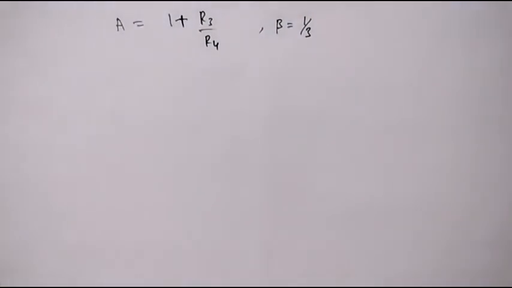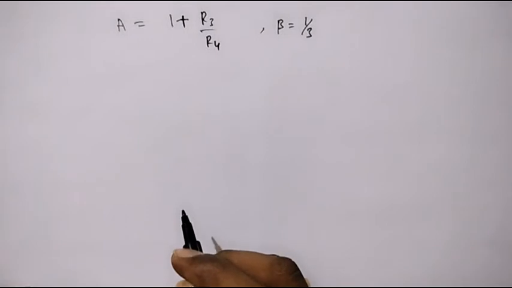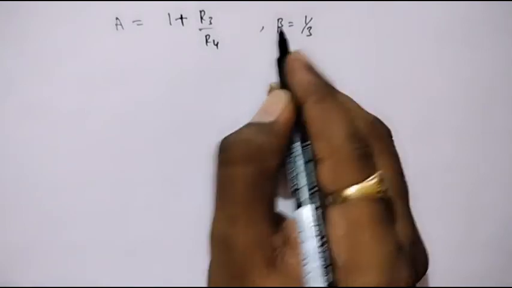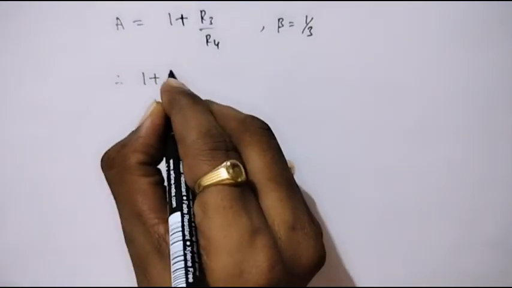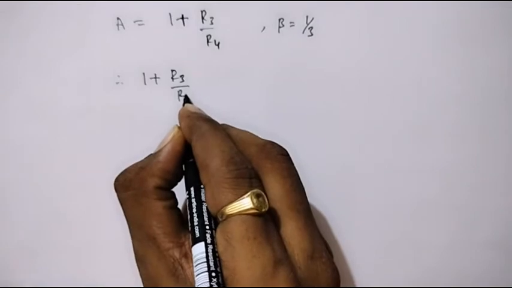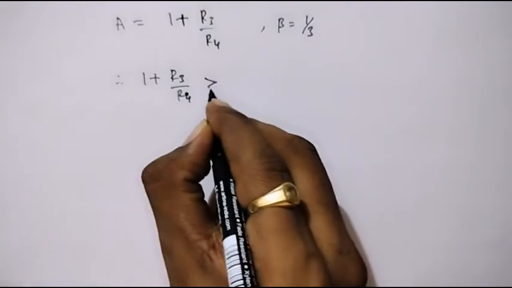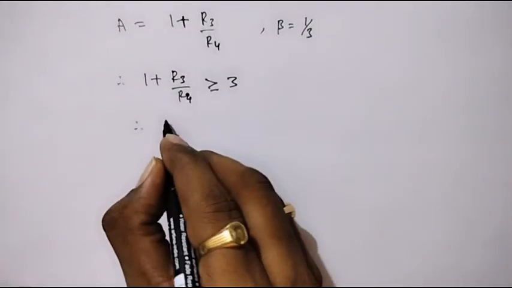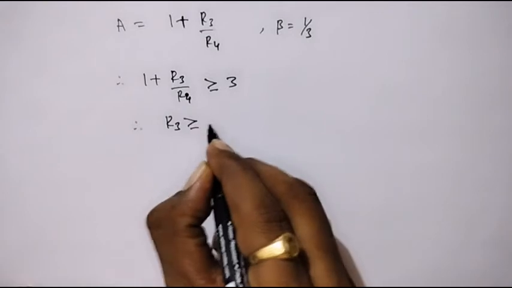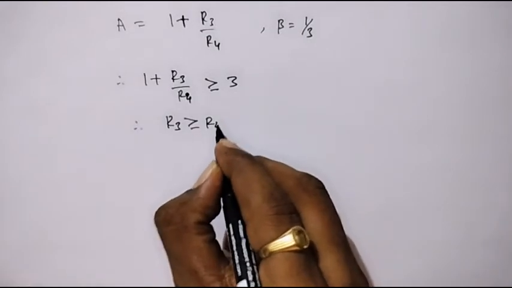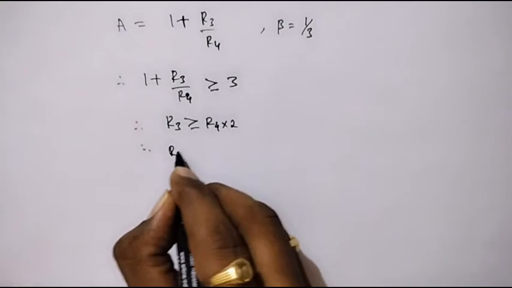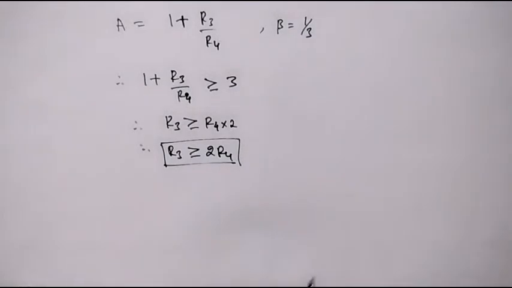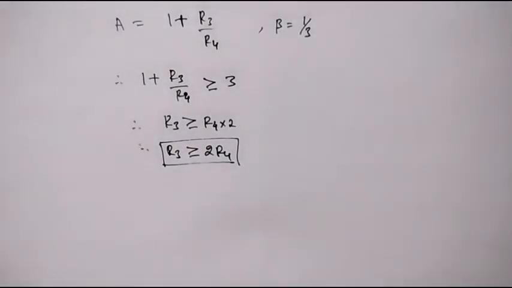So for sustained oscillation it should satisfy the Barkhausen criteria, that is A beta should be equal to 1. Therefore 1 plus R3 by R4 must be greater than or equal to 3. Therefore R3 must be greater than or equal to 2 R4. So this is the condition required for the sustained oscillations.